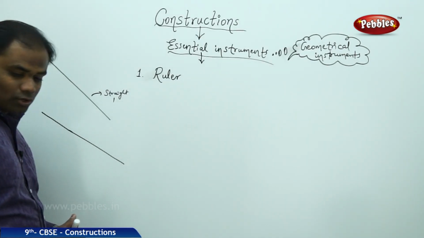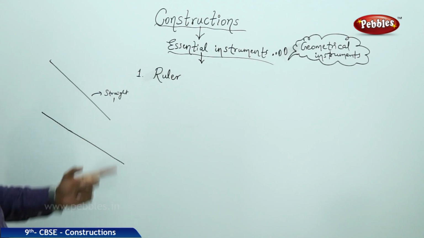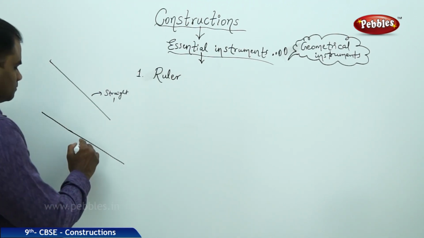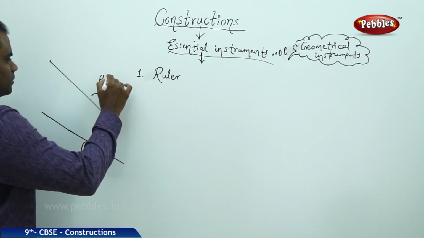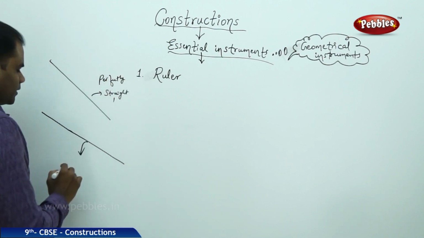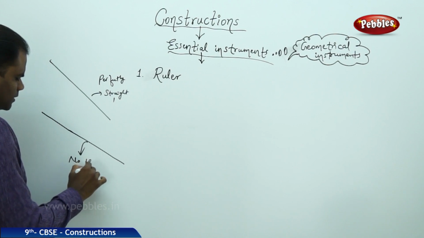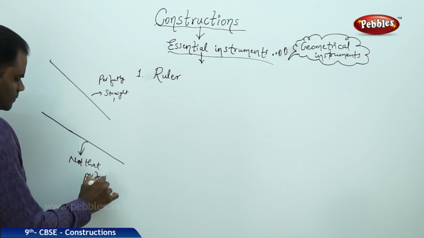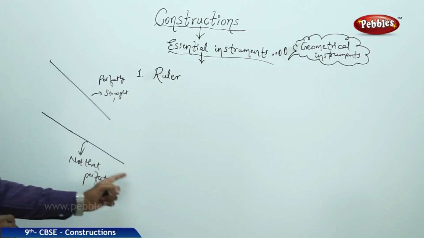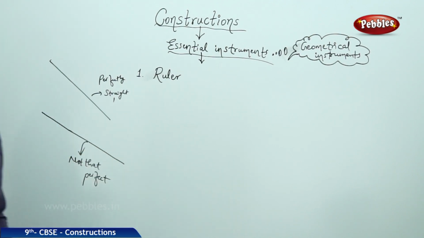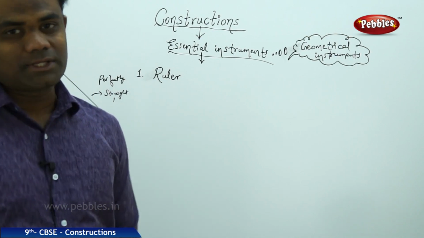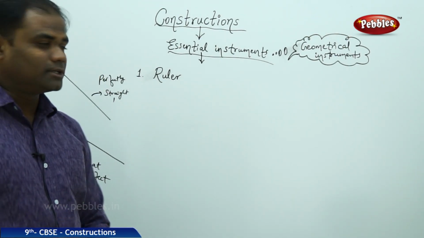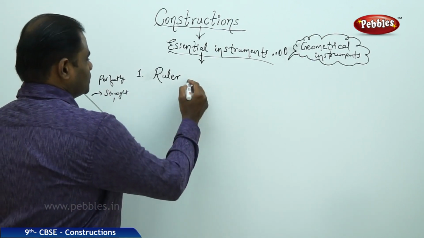A line drawn along the ruler is perfectly straight, and this one is not that perfect because it is randomly hand drawn. That is the basic introduction of the first essential instrument, which is the ruler.